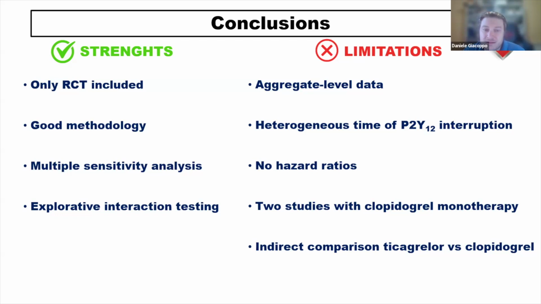So only one trial, which is an extension for the ACS component of the STOPDAPT-2, and the original trial didn't show this effect. So I would like to see more data. And finally, there is no indirect comparison of ticagrelor versus clopidogrel. We cannot draw this type of conclusion by performing interaction testing.